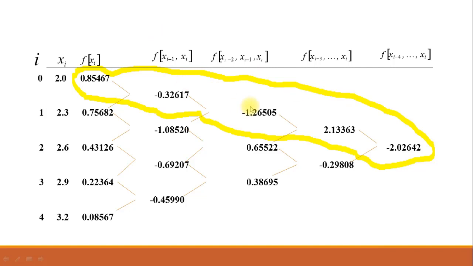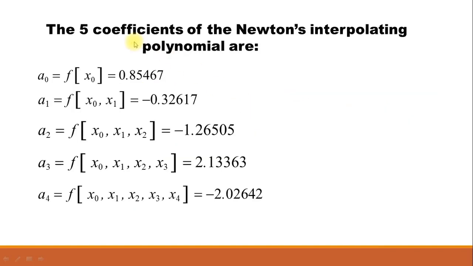Using these coefficients, the coefficients of the Newton interpolating polynomial are: f of x naught, which is represented by a naught, and from the table this value is equal to 0.8467, and f of x naught comma x1 is a1, and from the table we see that a1 is equal to minus 0.32617.